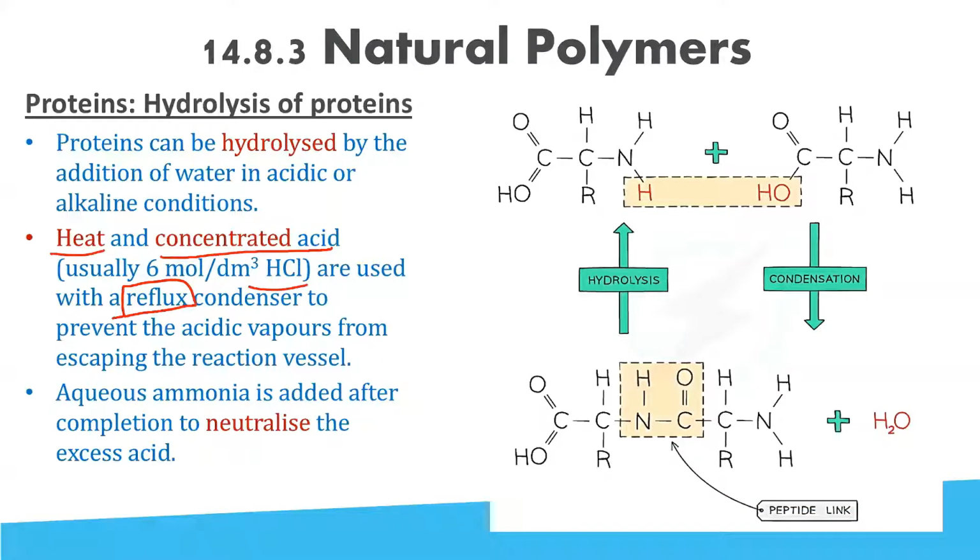From this equation, as you can see, this will be the polymerization arrow, which is also called condensation, because any elimination of small molecules like water or HCl is considered condensation.